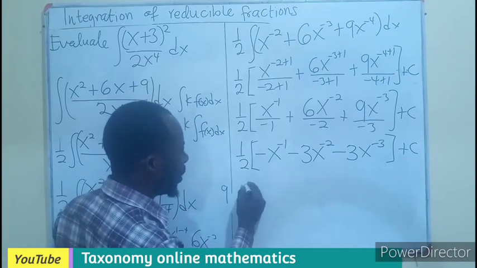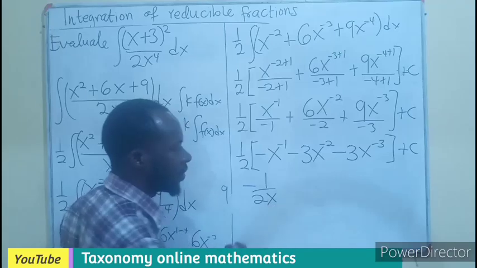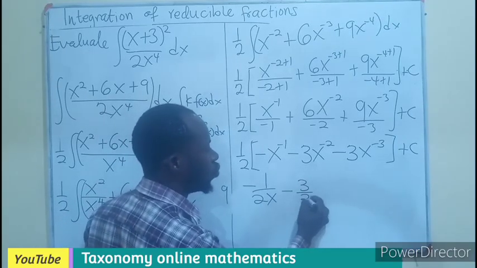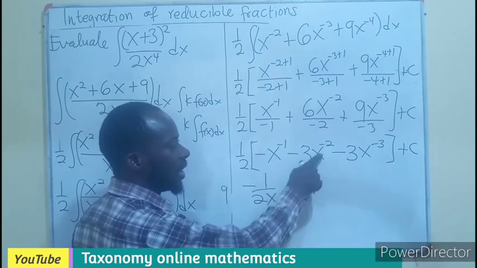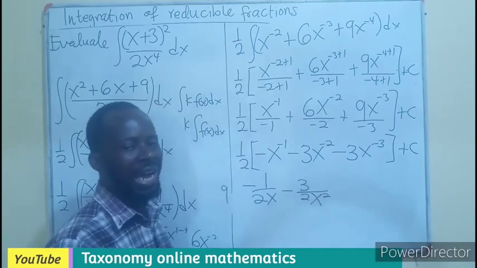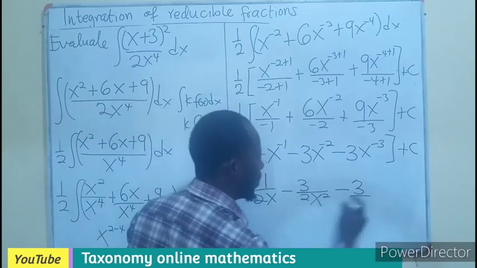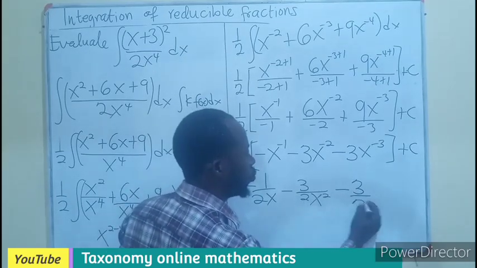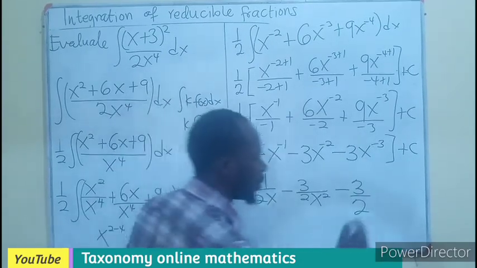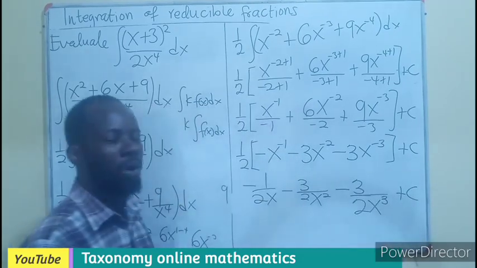So this is going to be minus 1 over 2x, minus 3 over 2x squared, as a positive power. Then minus 3 divided by 2, but this is also 1 over x exponent 3, so I'll have 2x exponent 3. Then plus C.